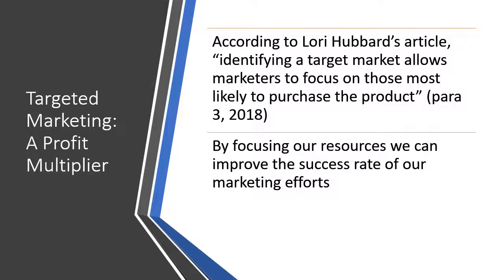According to Lori Hubbard, a targeted marketing profile should identify a target market that allows our marketers to focus on the most likely to purchase a product. By establishing a robust marketing profile, we can then make sure we target our marketing efforts at those clients that we know will be most likely to qualify for the loan.